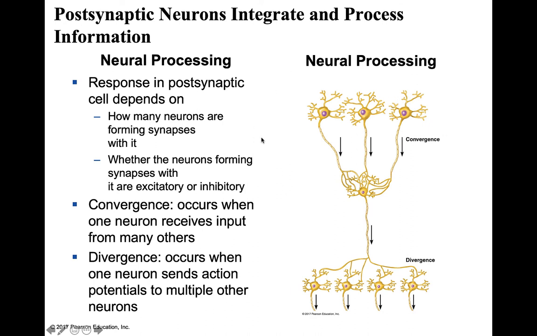Notice what's happening here. Think of this as input. I've got all of this input that's feeding into this one area. It's all converging. Then we can think of this as output. So now I'm diverging. I have multiple effectors, and this is basically a very simple way in which neural signals are processed.